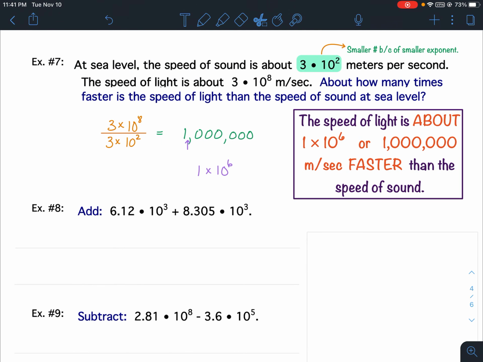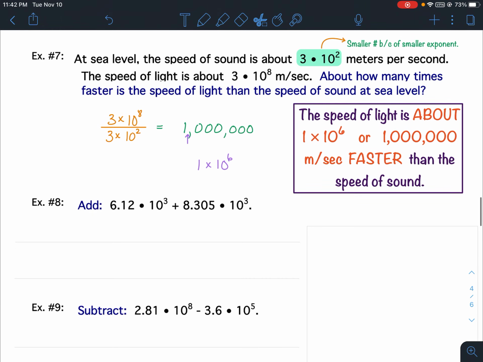Okay, I will tell you that there are 2 questions like this on a worksheet that you will get later. Both times it is a single digit answer. So you're not going to have to worry about changing it to scientific notation, and you're not going to have to worry about rounding. It's just going to be a single digit answer. Like it might be about 7 times greater, or so forth.